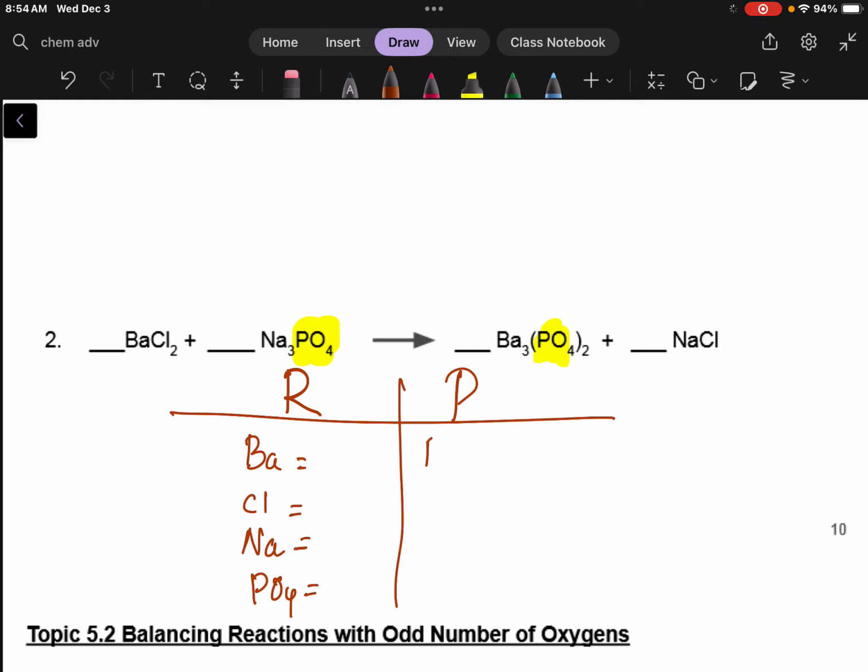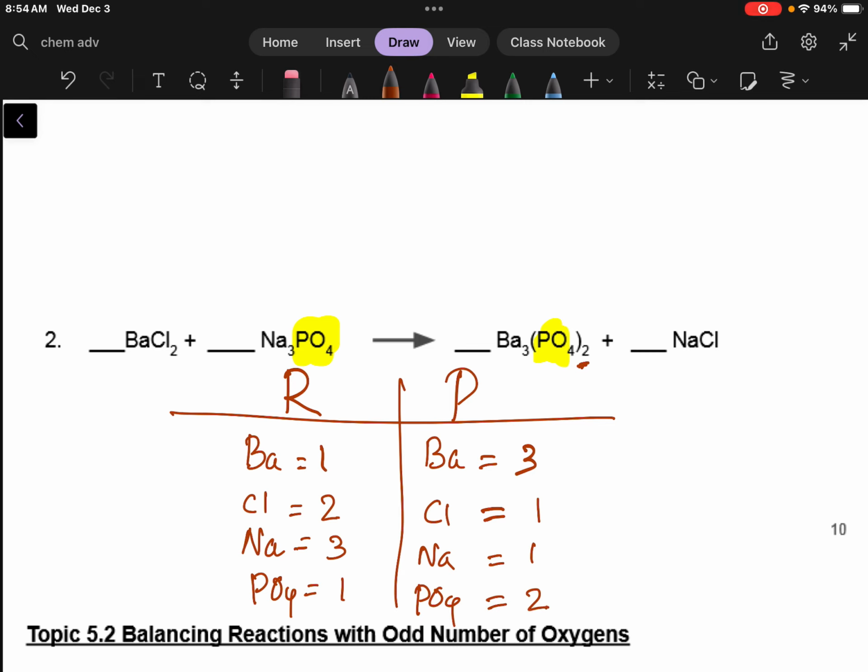That will help you a little bit. So Ba, how many on the left-hand side? 1, and 3 on the right-hand side. Chlorine 2 and 1 on the right-hand side, and sodium 3, and here there is 1. Phosphate 1, and for a polyatomic ion you have to look at the subscript, the number outside, which is 2.